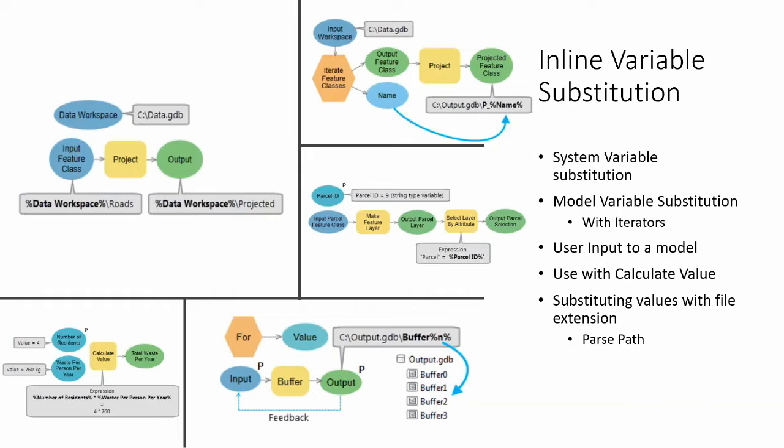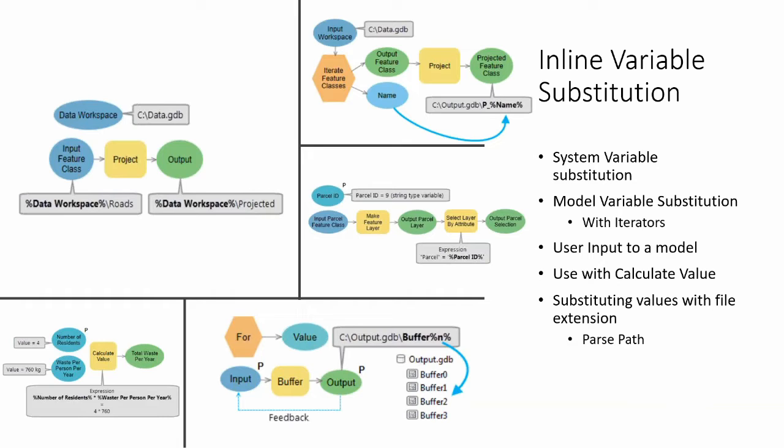So at runtime, you'll actually have the variable value in the C drive, your data, and your geodatabase, and that is substituted for the percent data workspace percent signs. The other one, which I think is really powerful, is the use of inline variable substitution with an iterator.